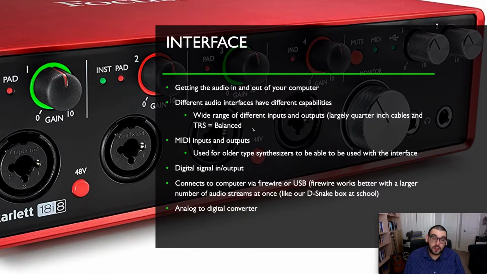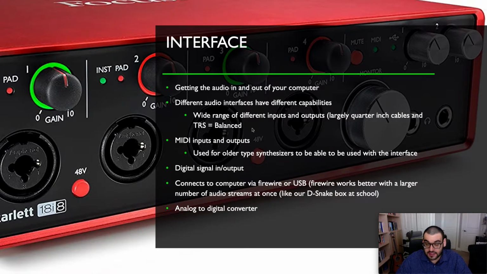companies. The one that you see in the background, and actually the one that I use at home here, is the Focusrite Scarlett Studio interface and microphone. And the interface, okay, this specific one gives different inputs and outputs.